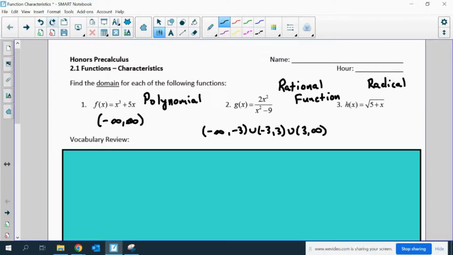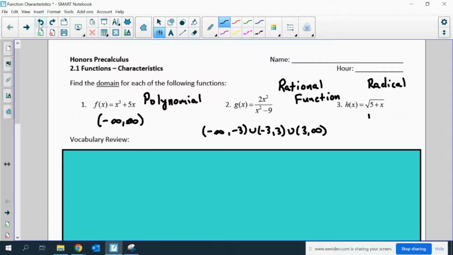If the index is odd, like a 3rd root or a 5th root, there would be no such restriction. You can have anything be substituted in. But the square root has a property, so this is an even one. So the square root and the 4th root would have the property that the inside must be greater than or equal to 0.